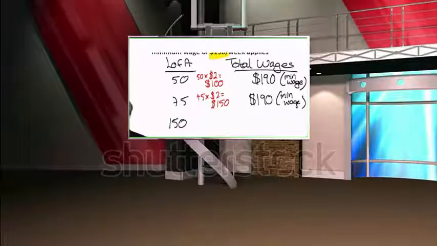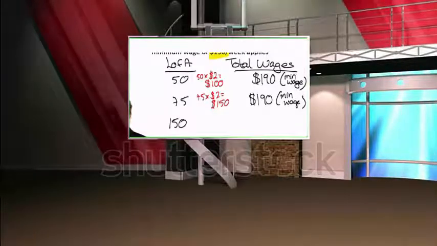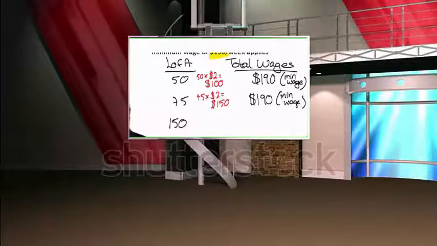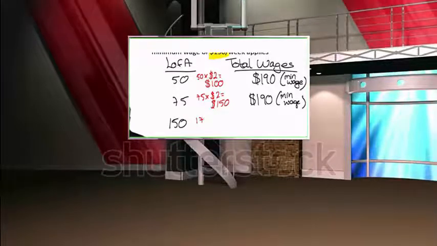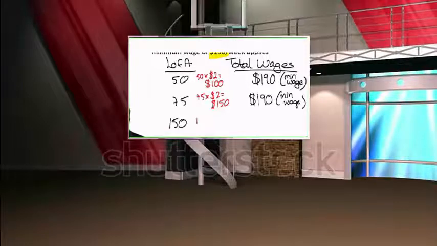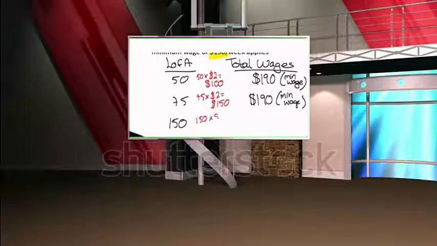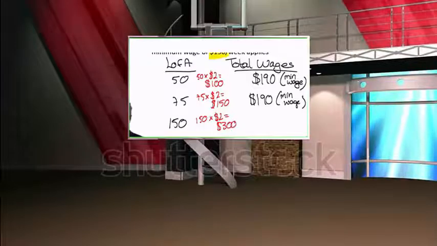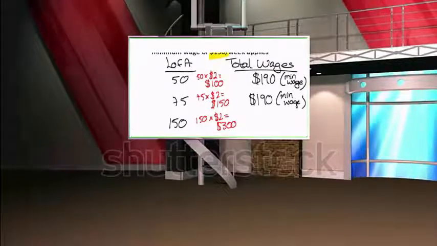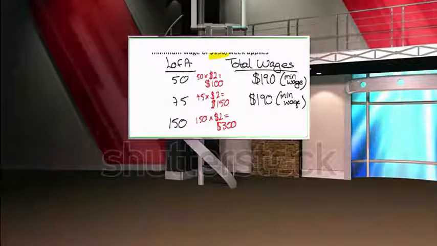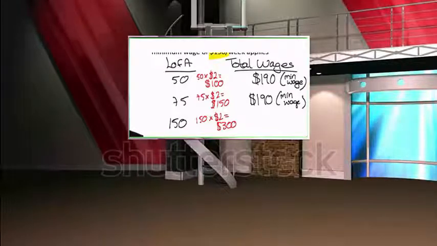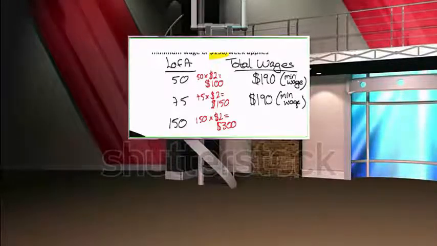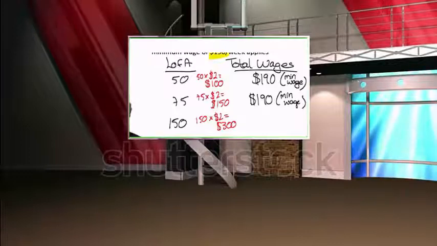Let's look at how much they've earned based on their piece rate. They've produced 150 units, multiplied by 2 gives us 300. Now this employee is not going to get the minimum wage. They've produced so many units, they have earned far more than that.